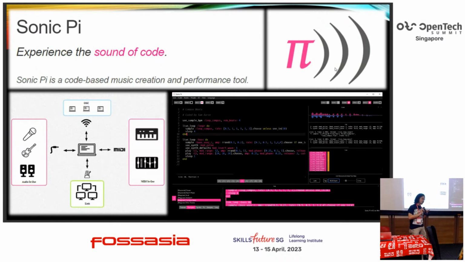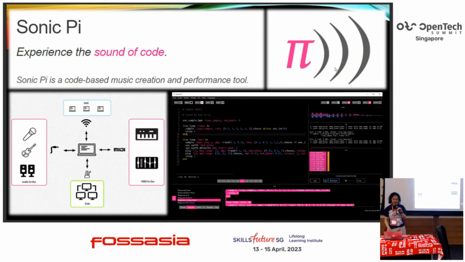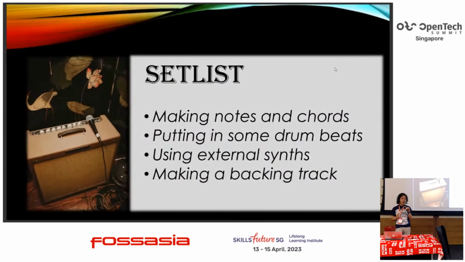So I can trigger my bass drum, my drums, my synths, my guitars, and so on, while performing live. But I think I can demo this more by live coding, like how people use Sonic Pi.